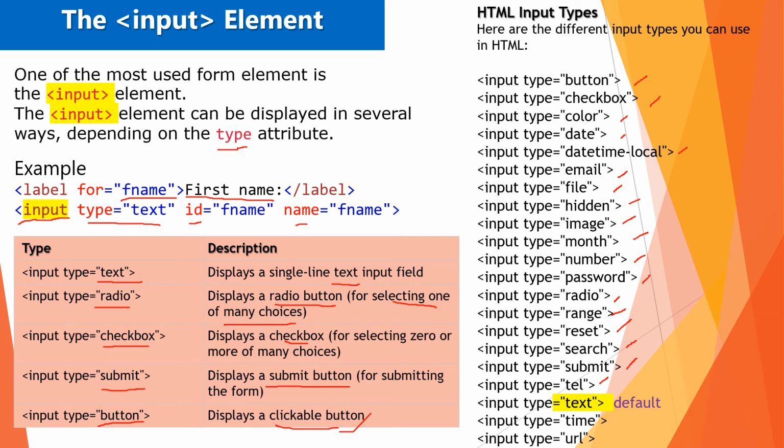This is very important, that is text, which is highlighted. So this by default value is always text, then time and URL. These are all input types, that is, type is a particular attribute given in the input.